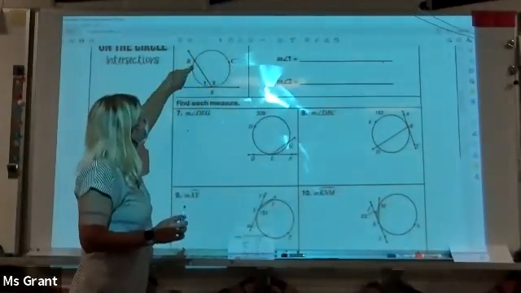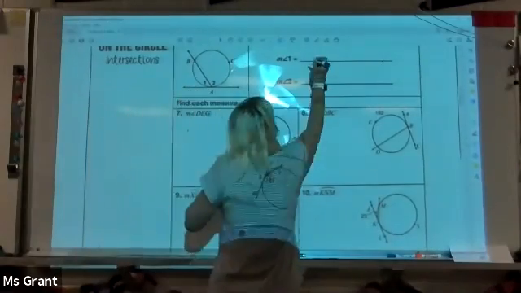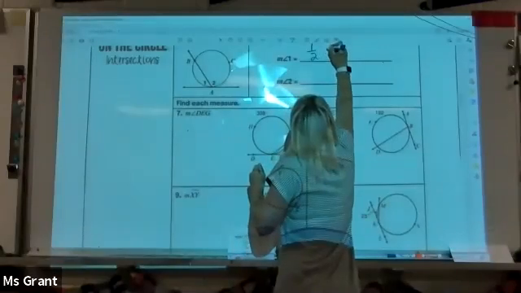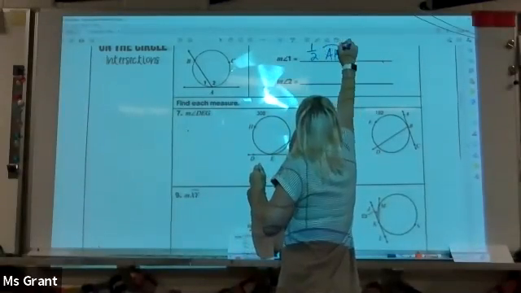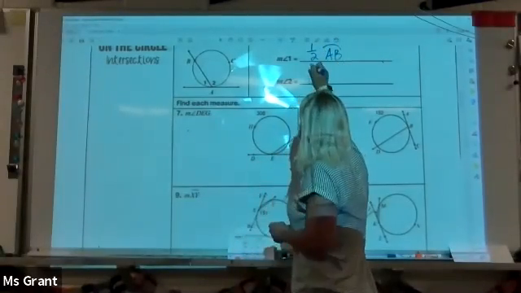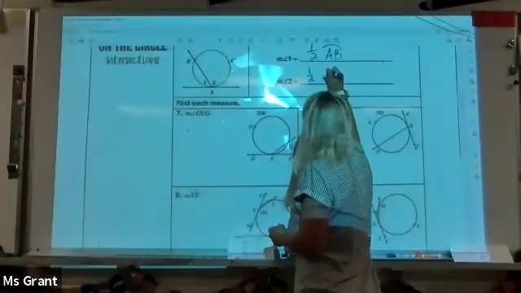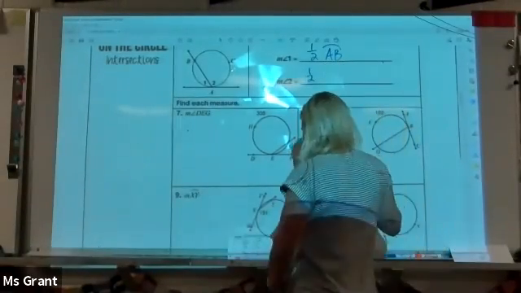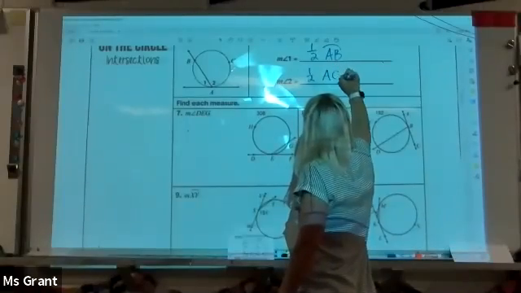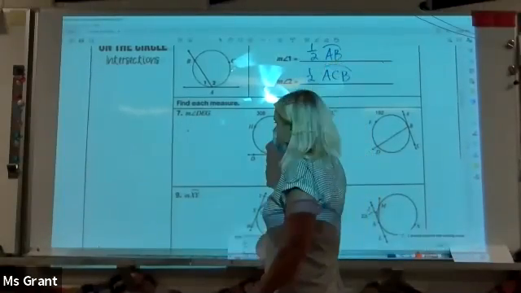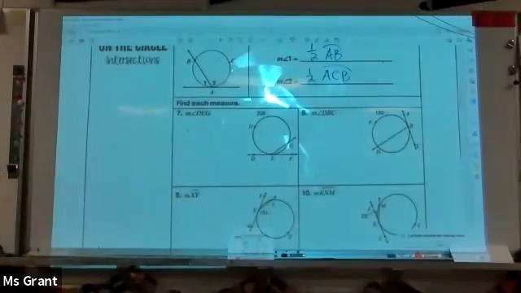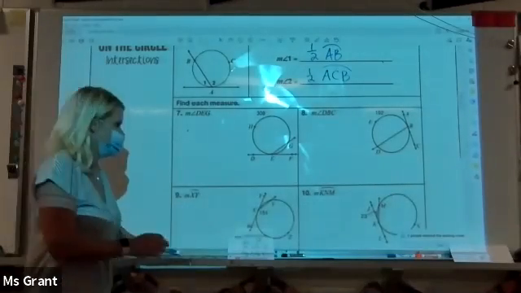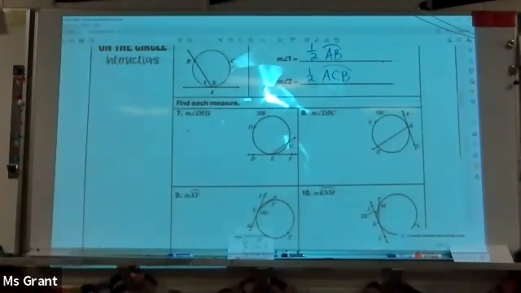Angle 1 is half the size of AB. And angle 2 is half the size of ACB. But we did this yesterday, so we're just practicing from yesterday.